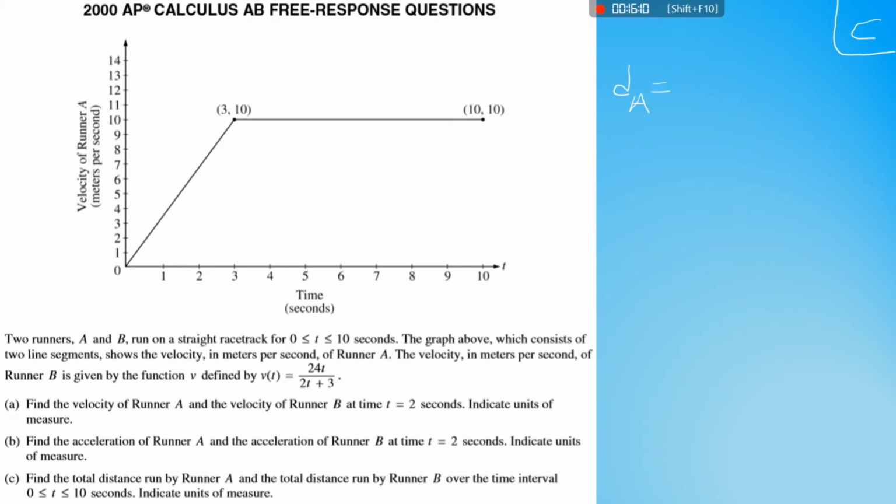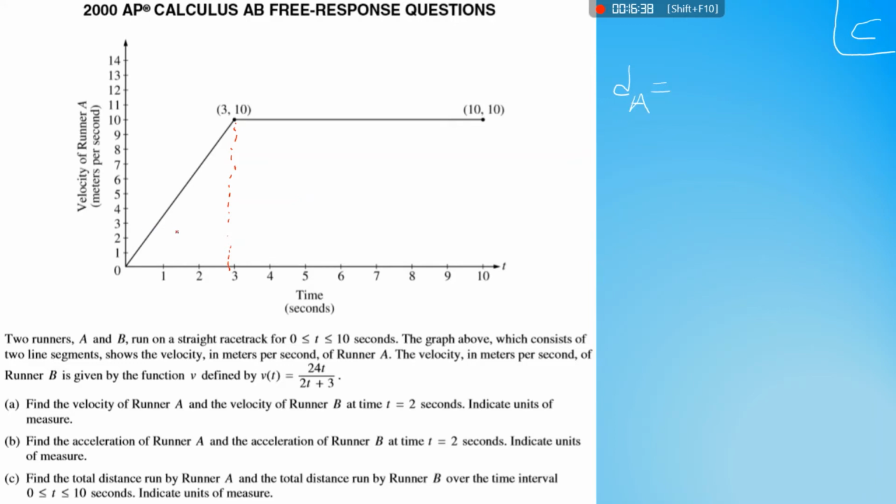I said you just multiply 3 times 10 divided by 2 is 15, plus 10 times 10 is 100, so 150 meters. Okay, not quite. We have to integrate and find the total area from 0 to 10.